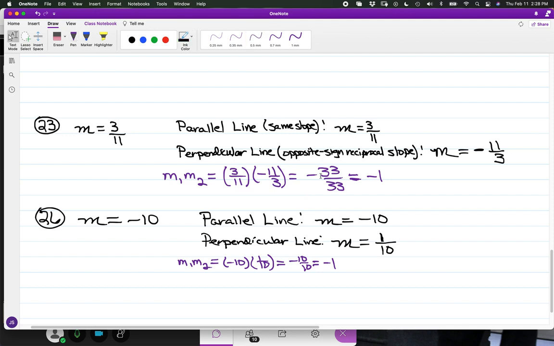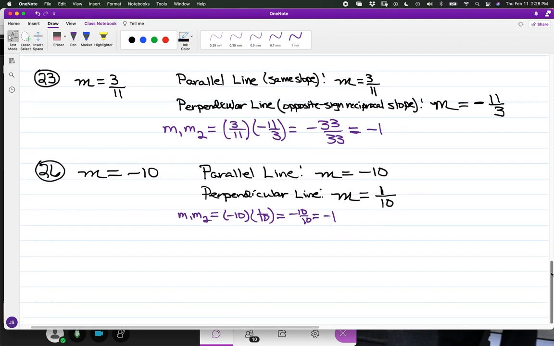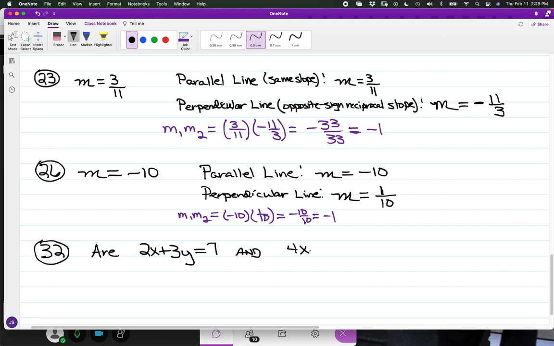And now, I don't think I had mentioned this exercise, but it is about testing whether the lines are going to be parallel, perpendicular, or neither. In the case of 32, you have 2x plus 3y equal to 7, and 4x equal to -6y plus 2.